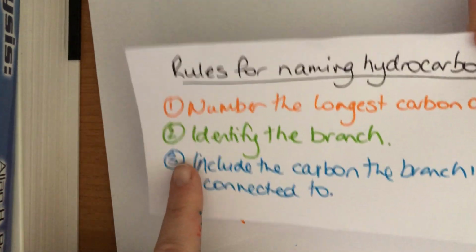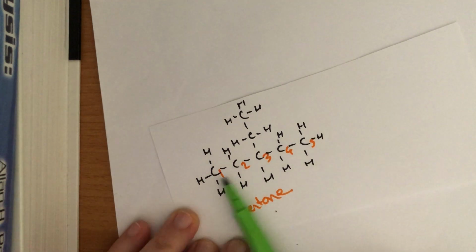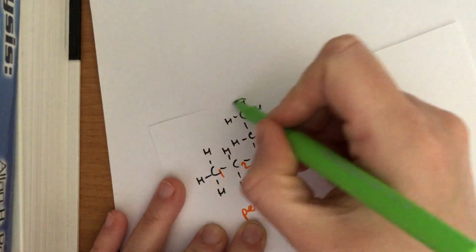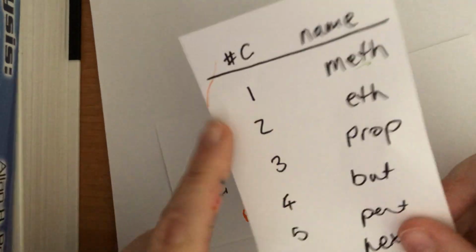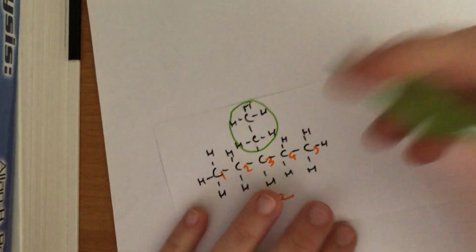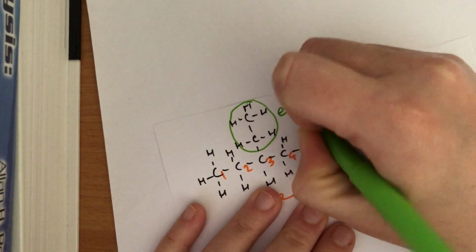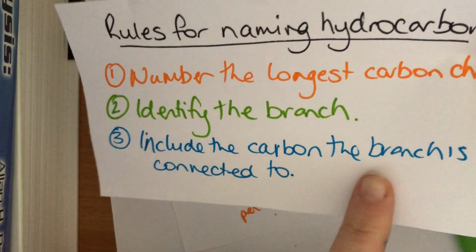Step number 2, identify the branch. If this is our trunk, here is our branch. Because this branch has got 2 carbons, it's going to start with eth, so it's going to be an ethyl branch. And then the last step is to include the carbon that the branch is connected to.